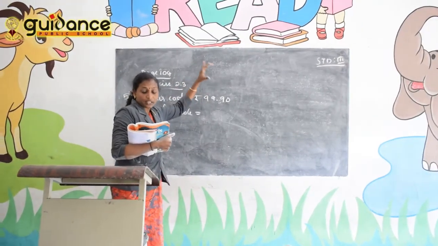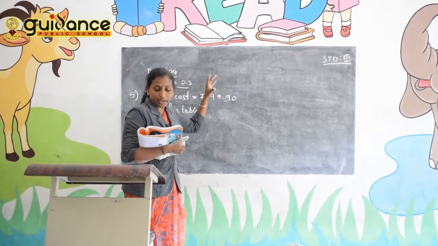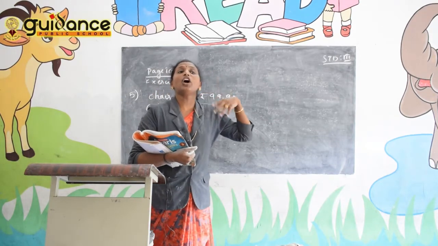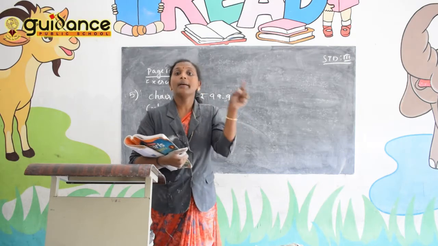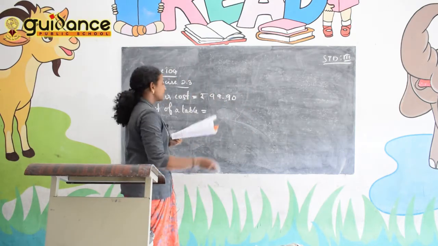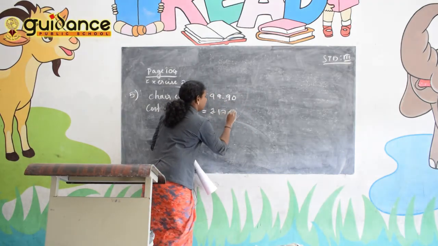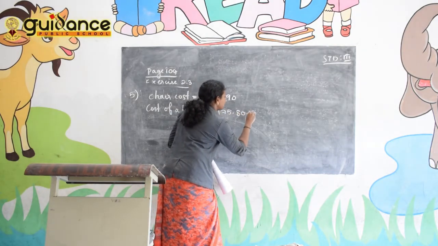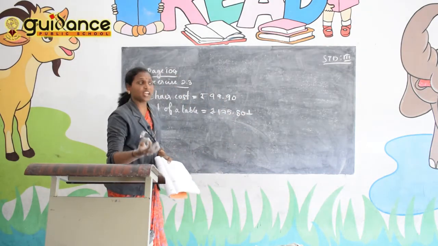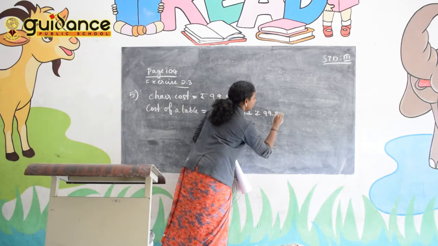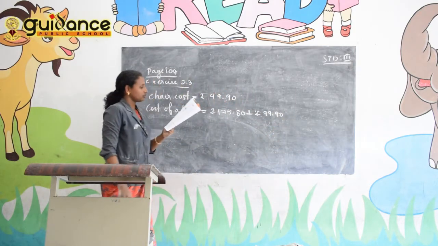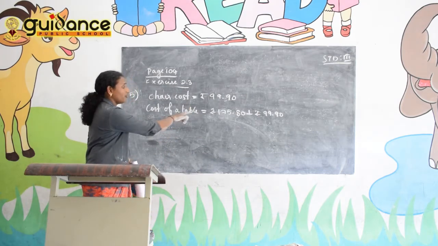More than means plus. That means 175 rupees 80 paise more than a chair. The chair amount is 99 rupees 90 paise. So this is the cost of a table.